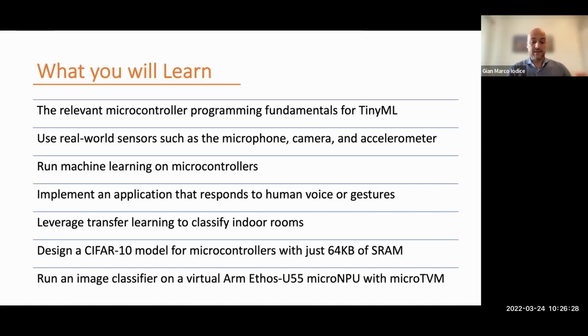The last chapter of the book will help you run an image classifier on a virtual ARM Ethos-U microNPU with microTVM. So the reader will touch two growing technologies: microTVM, which is a deep learning technology, and microNPU, which is a dedicated processor for running machine learning workloads on microcontrollers in a very power efficient way.